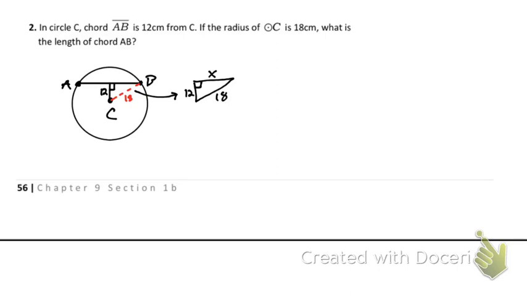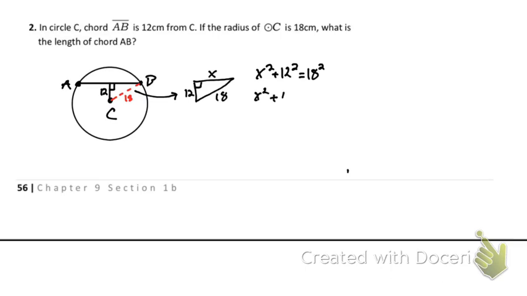I could solve that. I could do x squared plus 12 squared equals 18 squared. Is it 324? All right, I forgot a plus in there.